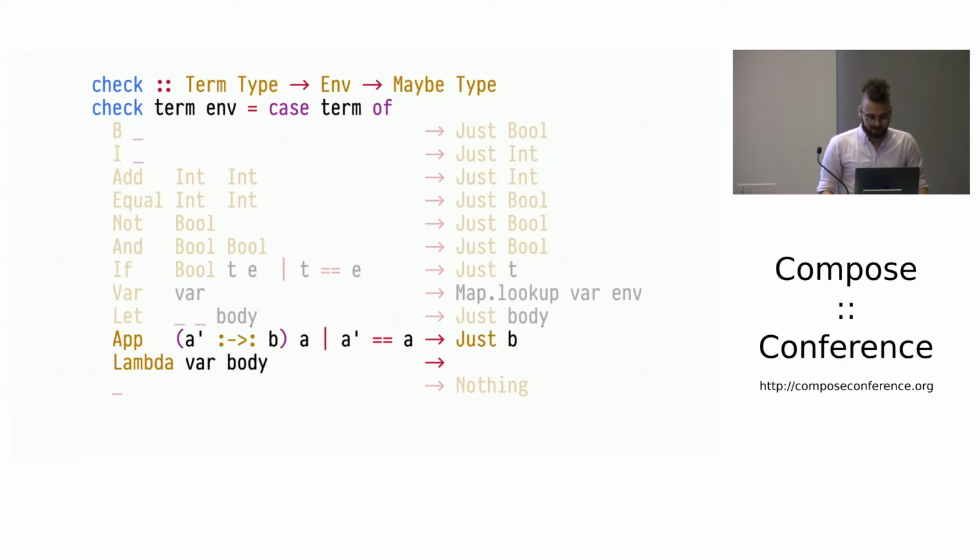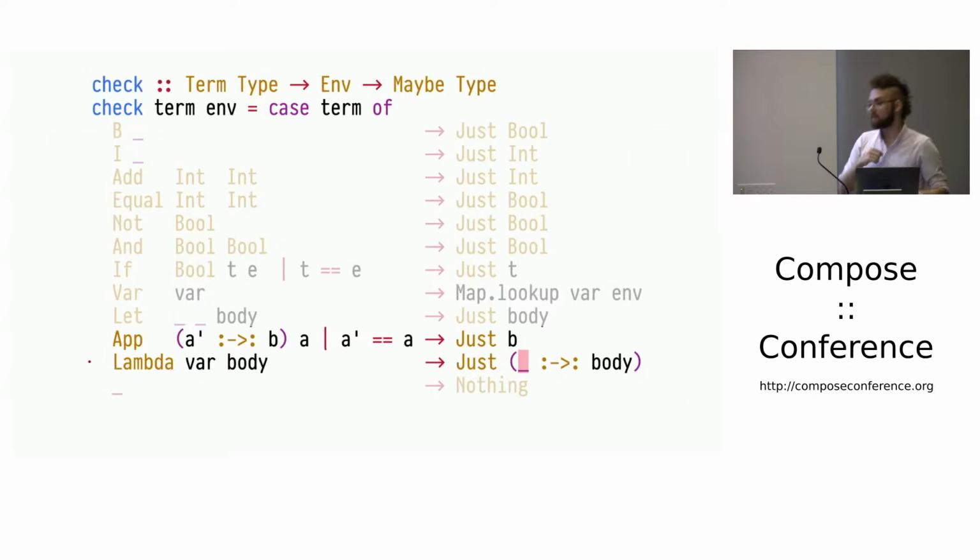So, all right, how about applications, right? So if I have an application of a function type to an argument, then provided that the argument of the function type is equal to the argument type that we're actually applying it to, then the result of that application is going to be just the result of the function type. Cool.